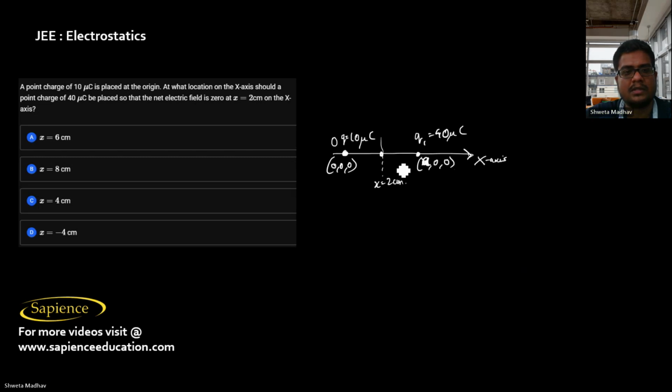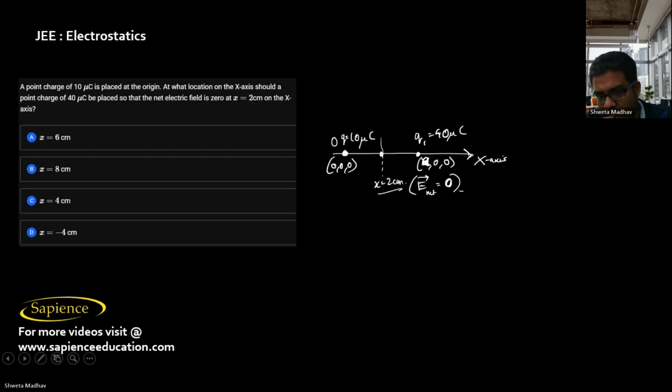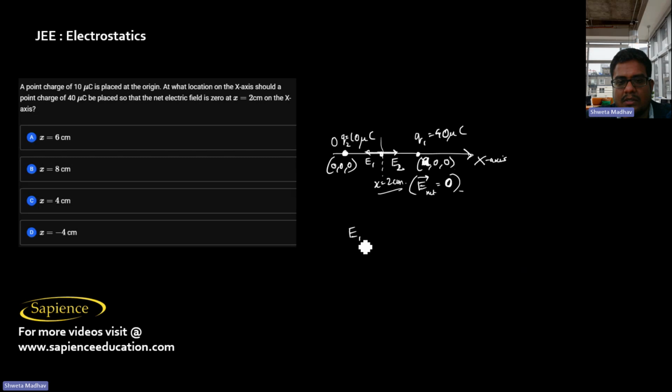Here the net electric field is E1 plus E2, but these two should get cancelled. So E1 will be equal to E2.